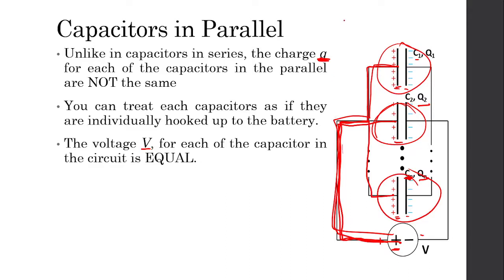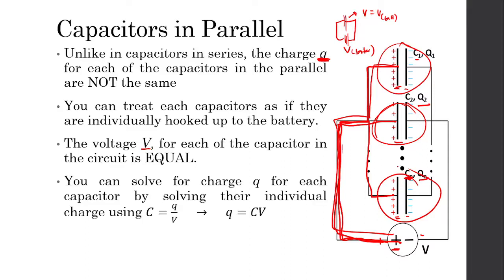So if you have a single capacitor attached to your battery, this is your battery right here, and you let it charge fully, the voltage of this capacitor would be equal to the voltage of your battery. And since we can treat all of these individually as if they're connected to the battery, that tells us that the voltage for each of these capacitors is equal.